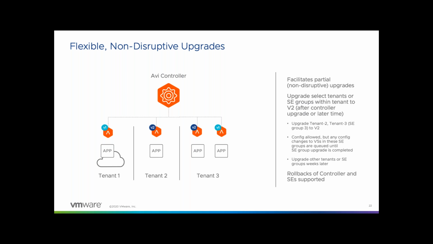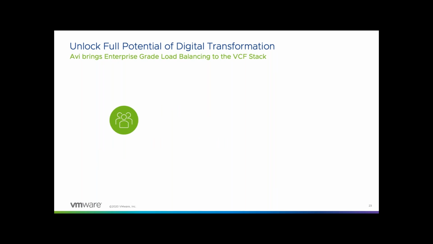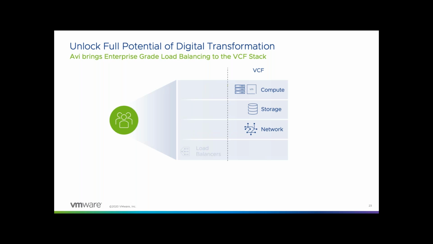This makes Avi LCM incredibly powerful and operationally super simple to use. With Avi and VCF together, with VCF onboarding Avi onto its platform, it truly helps unlock full digital transformation.